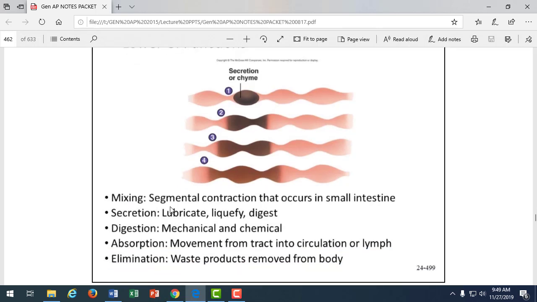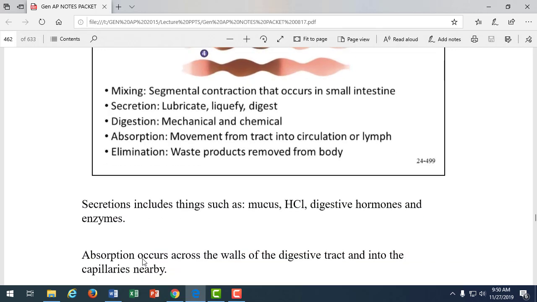So mixing, secretion, digestion, absorption, these are all jobs of the small intestine. And then elimination is the job of the large intestine. Whatever's left over that we don't need, what hasn't been absorbed, leaves the body through the anal opening.